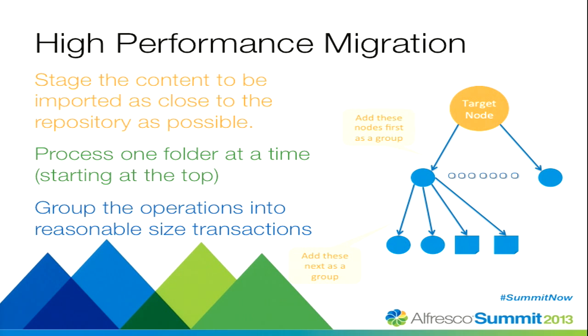And then the third thing we do is we group the operations together in reasonable chunks. You don't want to have one transaction per operation because then it's heavy on the database. But by the same token, you don't want to have large transactions because then they can chew up memory, chew up disk, and they have their own performance problems.